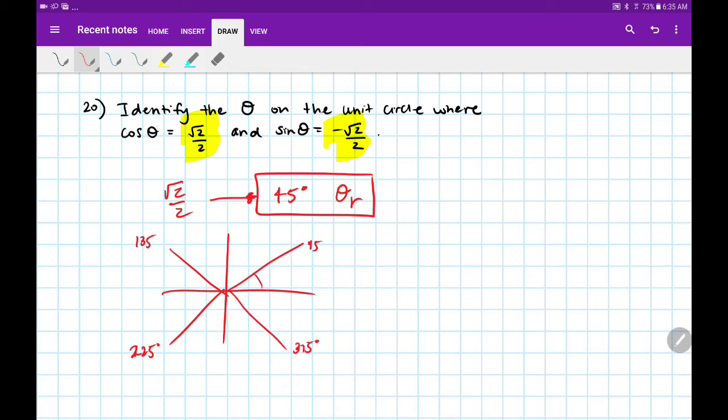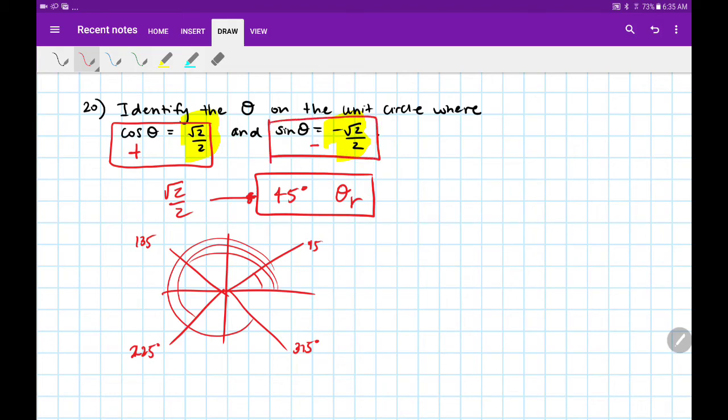So which angle is it? Well, that's where these signs come in. Our cosine is positive, but our sine of this angle is negative. So let's think about where cosine is positive and sine is negative.